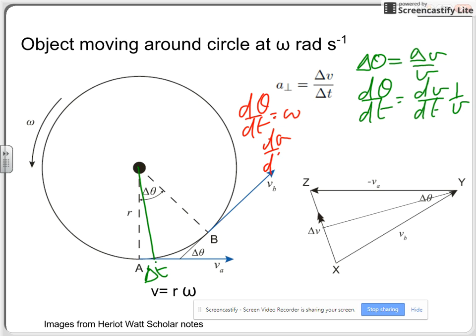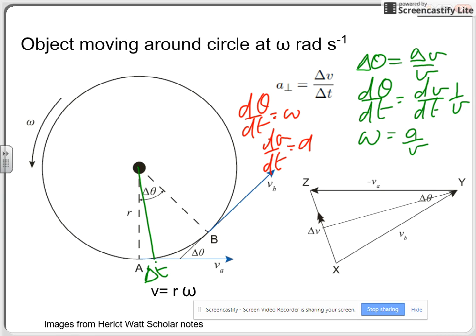dv by dt should be familiar to you. What happens if you differentiate speed? That's acceleration. So we can now say we've got omega equals acceleration divided by linear velocity.